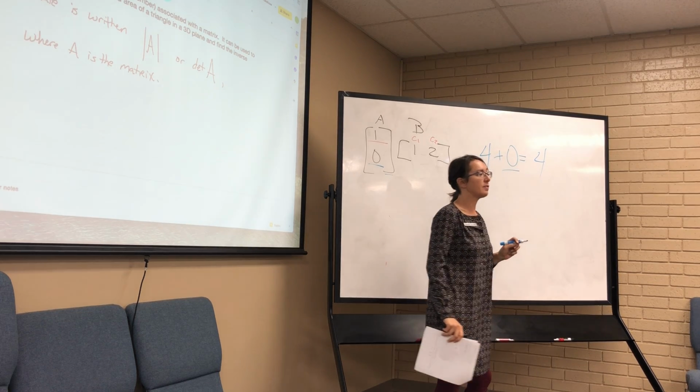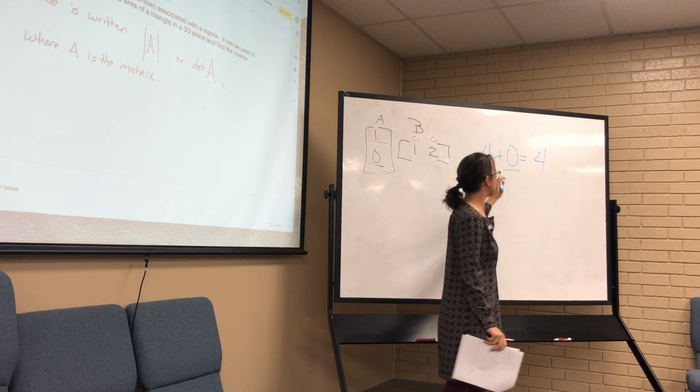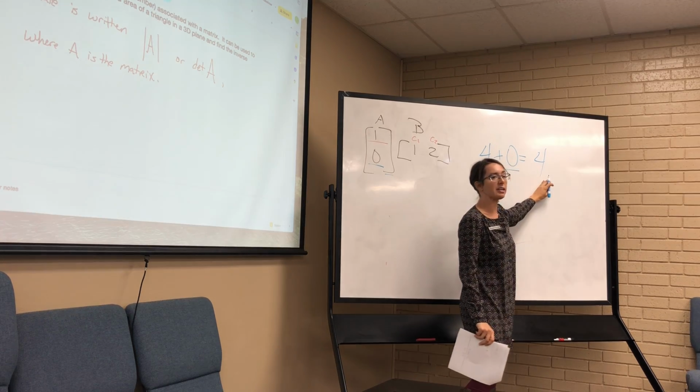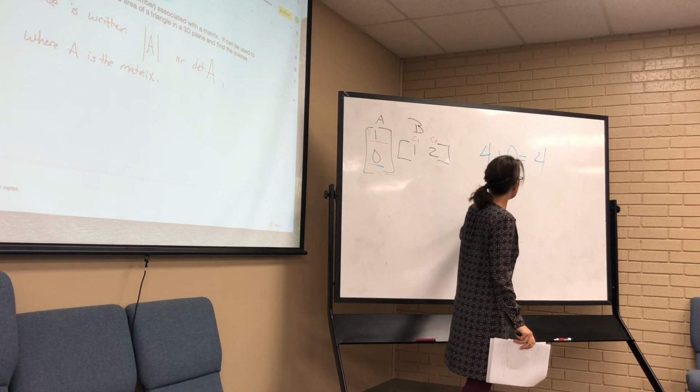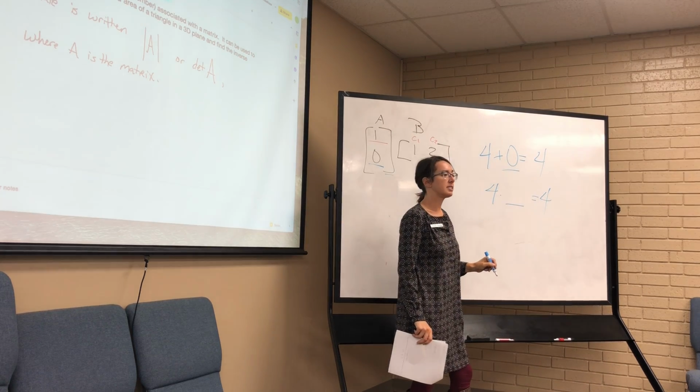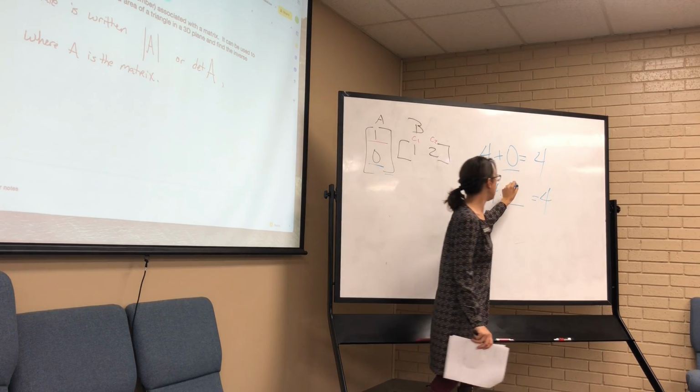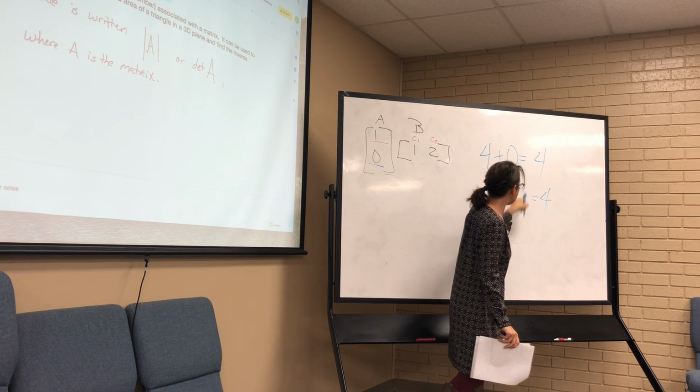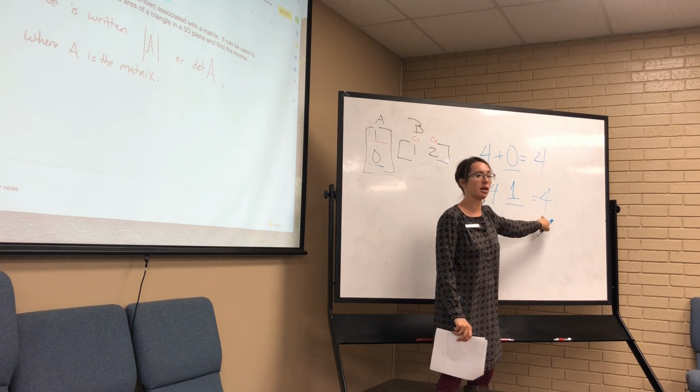So the identity for addition is always 0 because it's the number that reflects back myself, right? The identity for multiplication is the number what? Times 1. 1, because 1 is the number that reflects back myself.